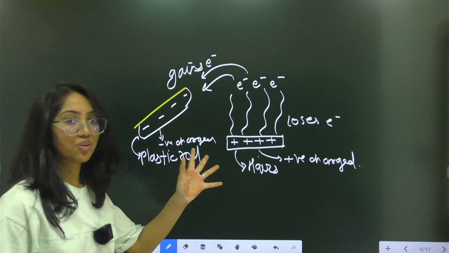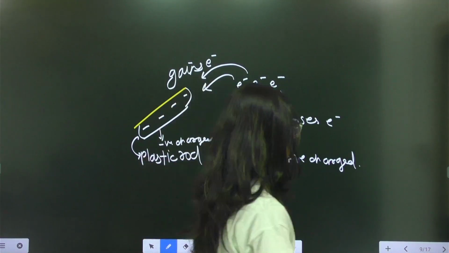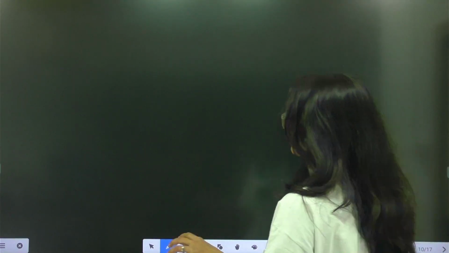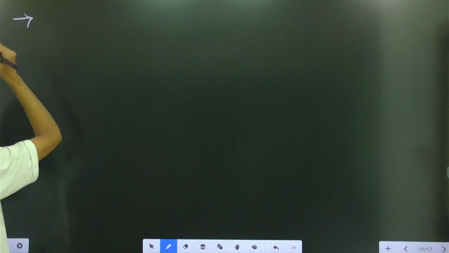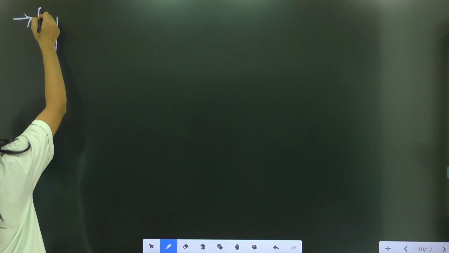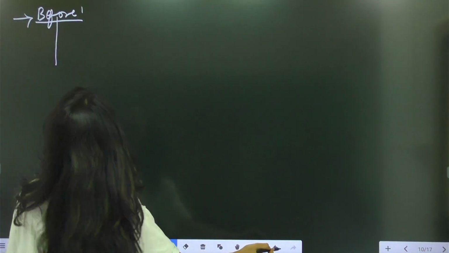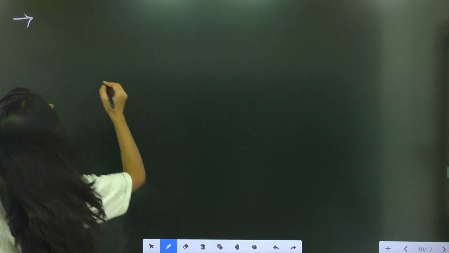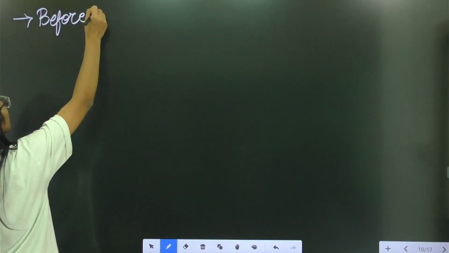So this is how with rubbing we can charge any object. And now let me show you the mathematical formulation of this. Suppose this is before.